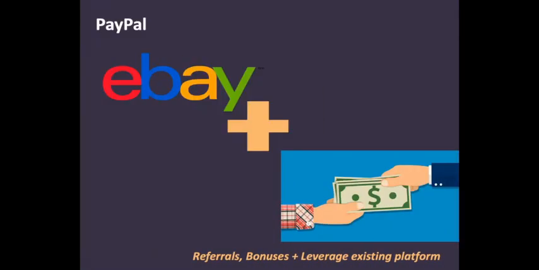The next growth hack I'm going to talk about is PayPal. PayPal did something that is kind of borderline sneaky. At the time, eBay already had their existing platform, which allowed people to sell things online. You could sell new, you could sell used, you could sell anything you had in your house to anyone.